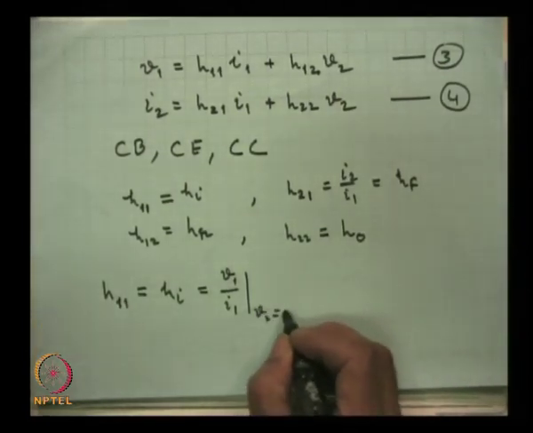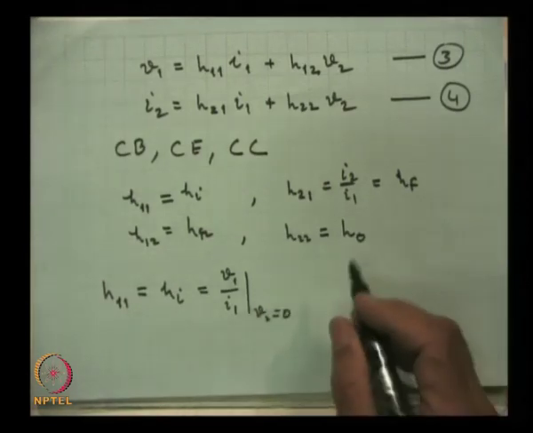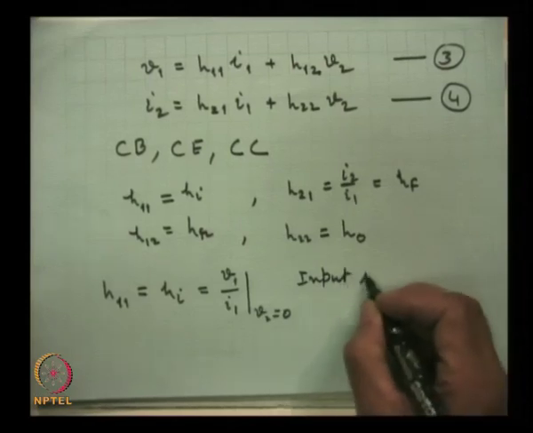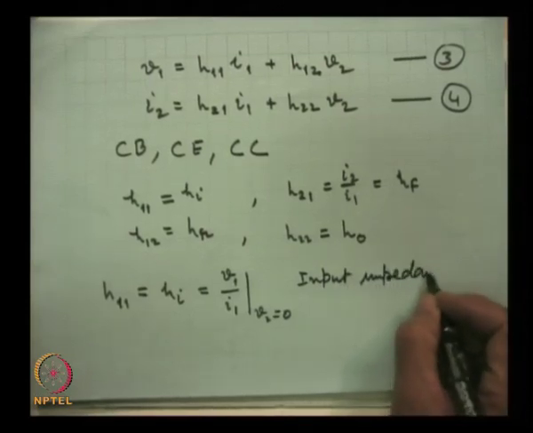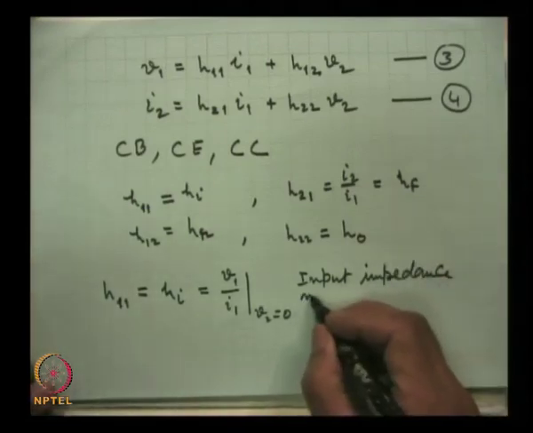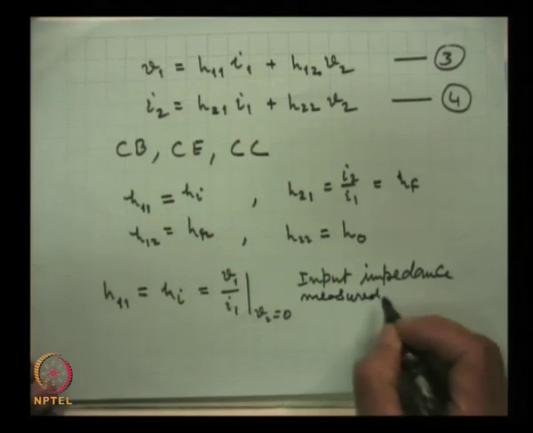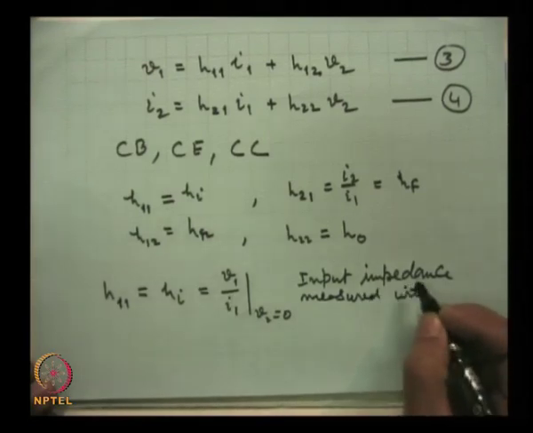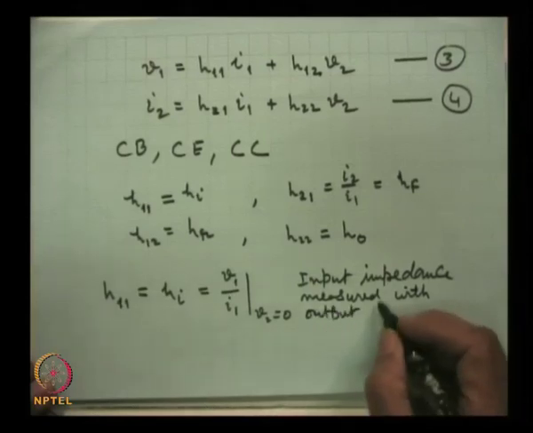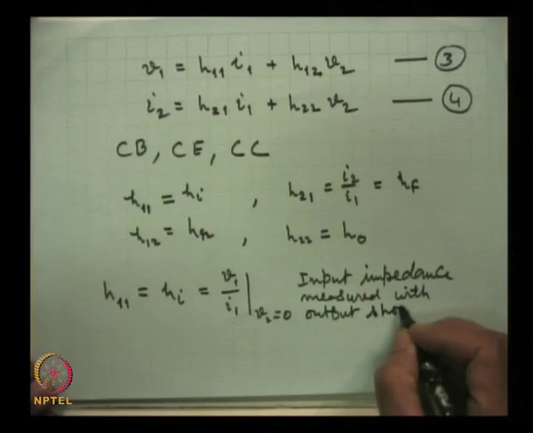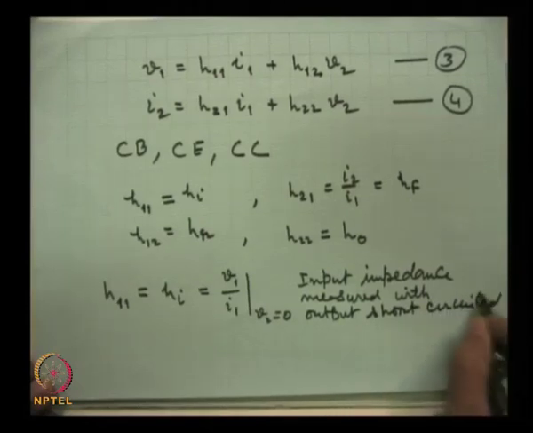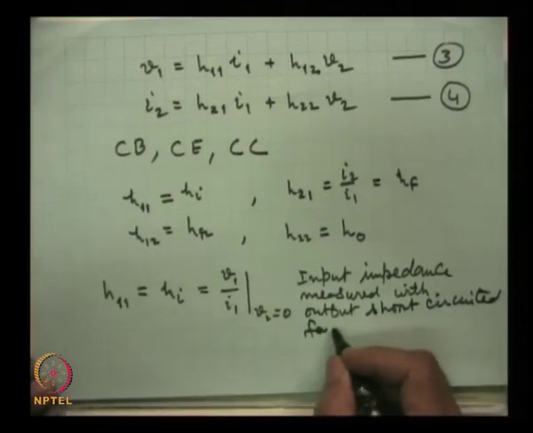V2 is 0. So, I write in full, this is input impedance measured with output shorted or short circuited for AC.